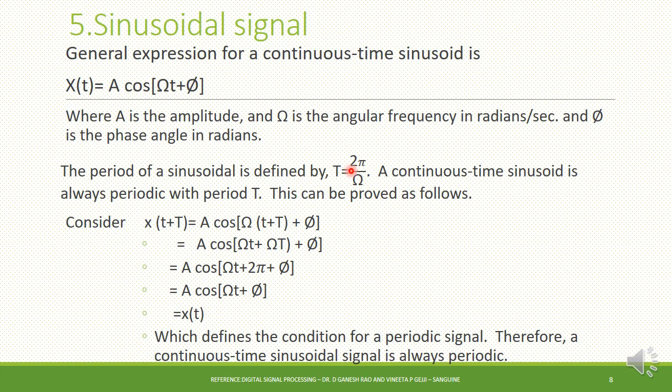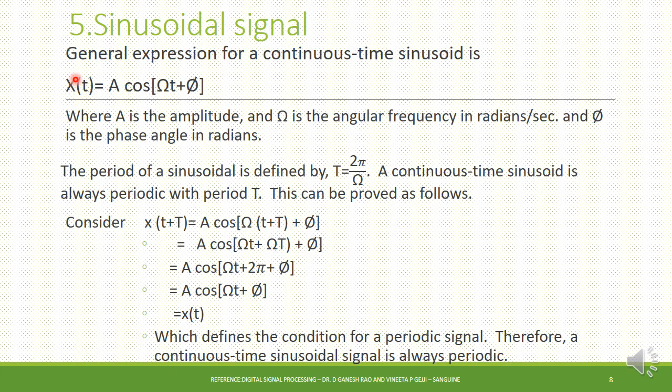Here omega T is equal to 2 pi, so this is A cos of omega t plus 2 pi plus phi, that is cos of 360 degrees plus theta, where omega t plus phi is theta. In trigonometry, cos of 360 plus theta is equal to cos of theta, that is cos of omega t plus phi, with A as it is.